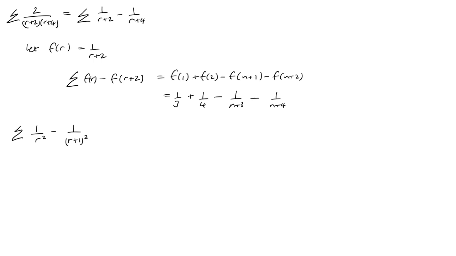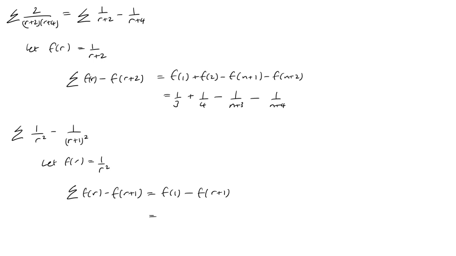And this is the first example I gave, and look at this, r and r plus 1, they're next to each other. Okay, so if I said in this case let f(r) be 1 over r squared, then the sum now becomes f(r) minus f(r+1), which becomes f(1) minus f(n+1).